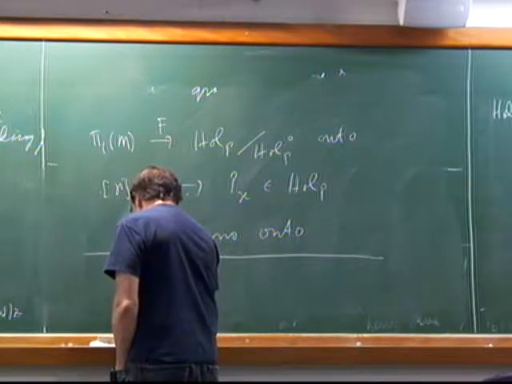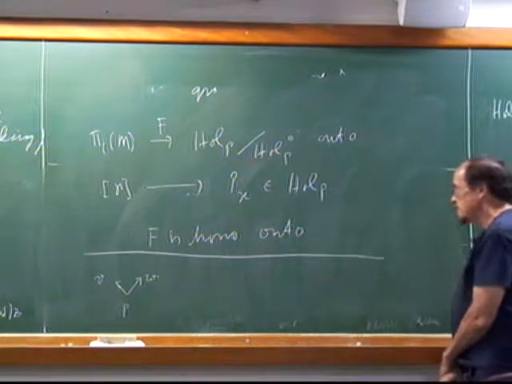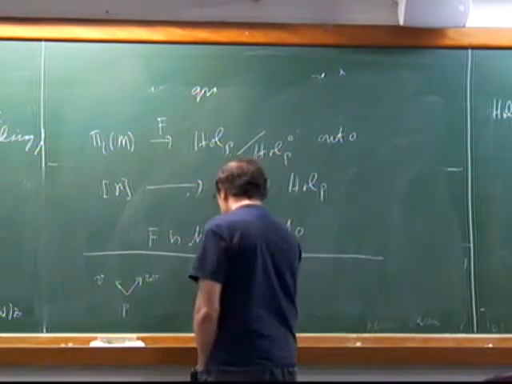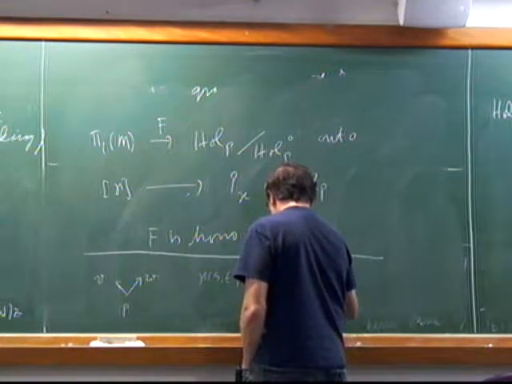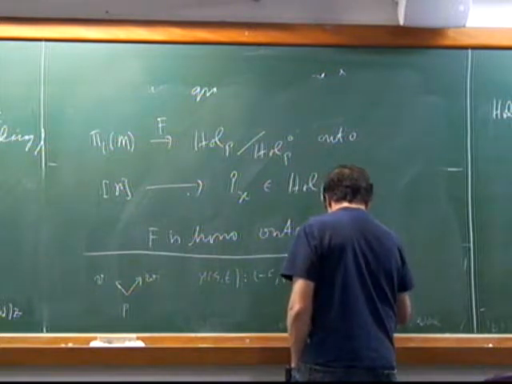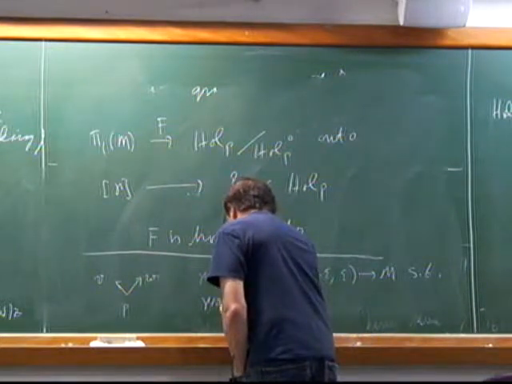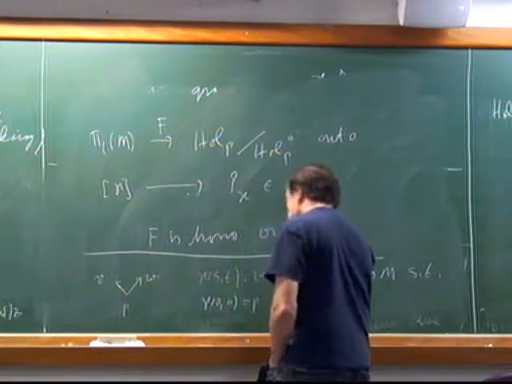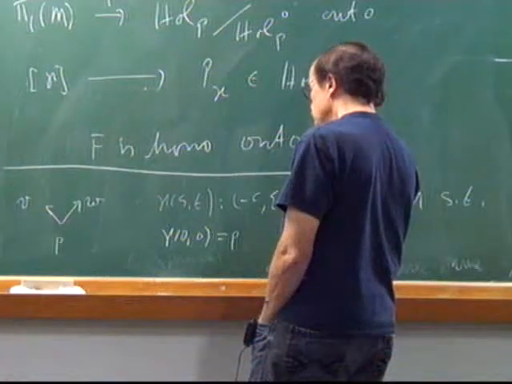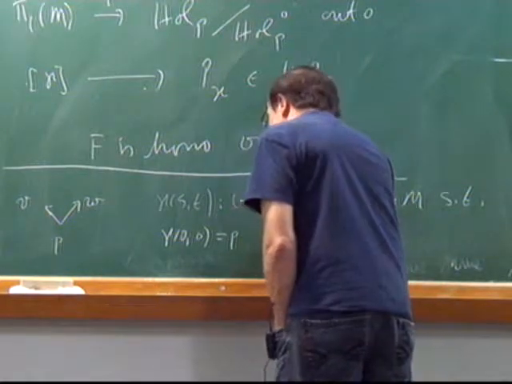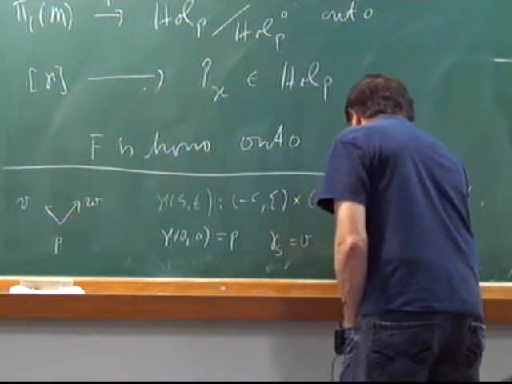So take a point P, take two vectors v and w at this point, and construct a two-parameter curve, from (-epsilon, epsilon) cross (-epsilon, epsilon) into M, such that it starts at P, and gamma_s is equal to v, and gamma_t is equal to w.